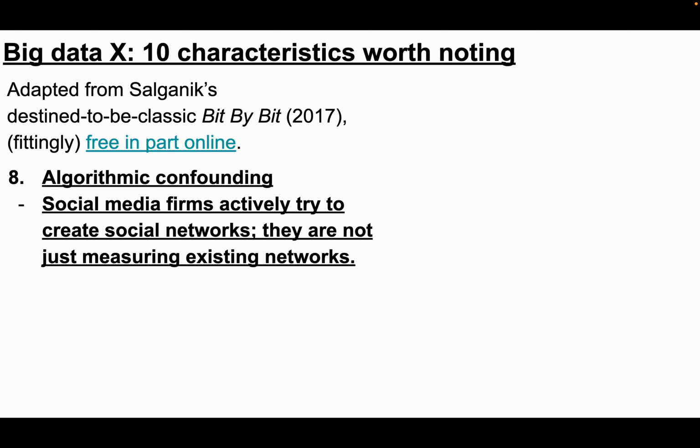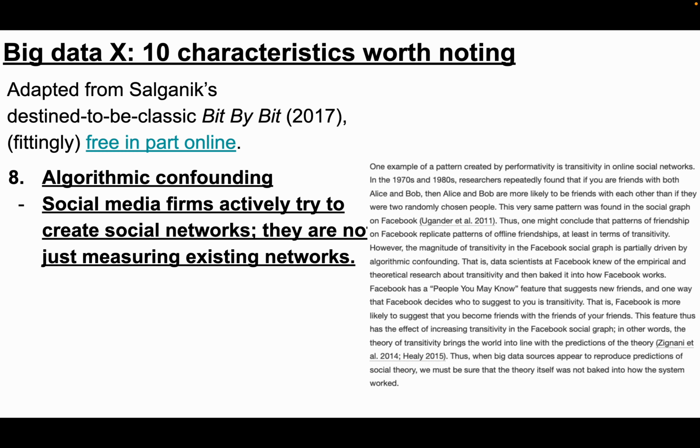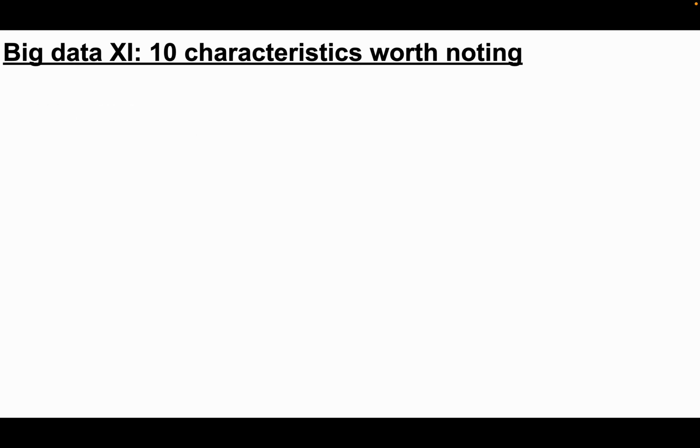So if we think about looking at social media networks, these are not just existing networks. They're ones that social media firms also oftentimes are trying to stimulate. And so this has the problem that it confounds relationships. So we're not just talking about offline social networks, we're also talking about the influence of these firms.